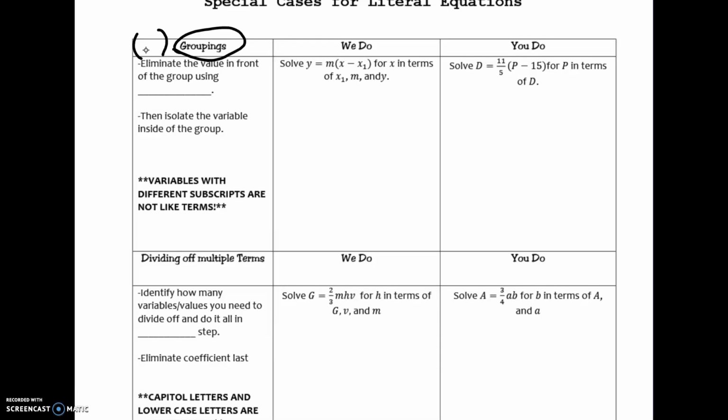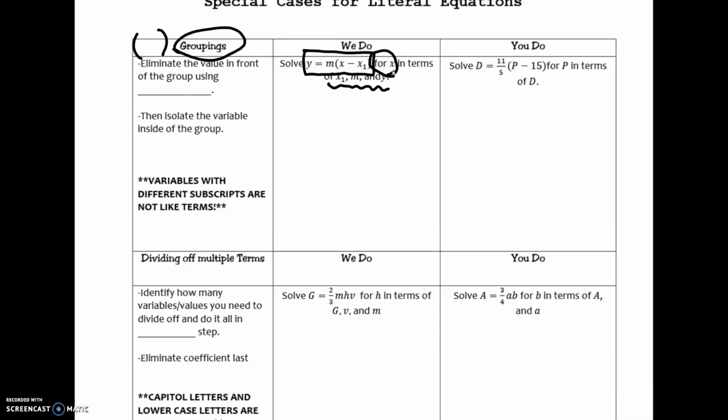So when we have a literal equation that looks, for example, like this one, it says solve y equals m times the quantity x minus x sub 1 for x, so it's telling us which variable to solve for, and then it says in terms of the other variables. And remember, that just means that those other variables will appear in our answer.